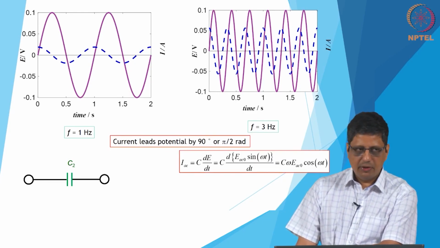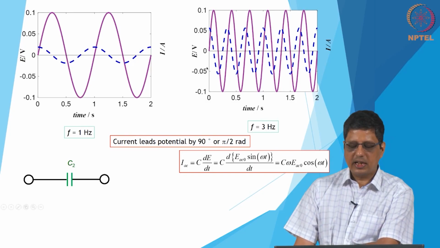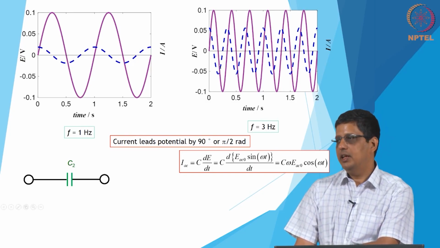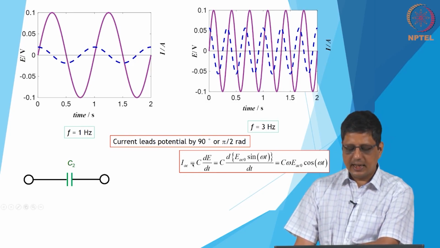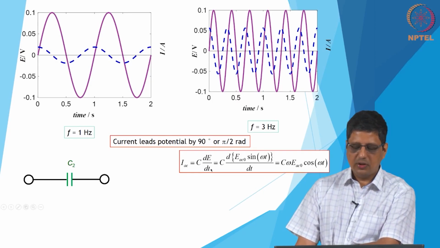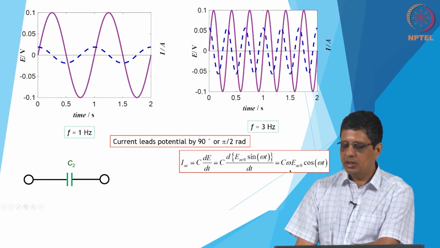The relationship between the current and the potential for a capacitor is given by a differential equation. AC current is given by C, the capacitance, multiplied by the derivative of potential with respect to time. Because it is a sinusoidal wave, you can write the expression.